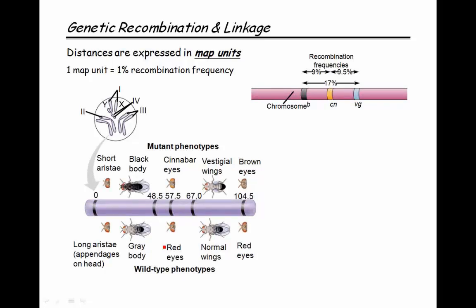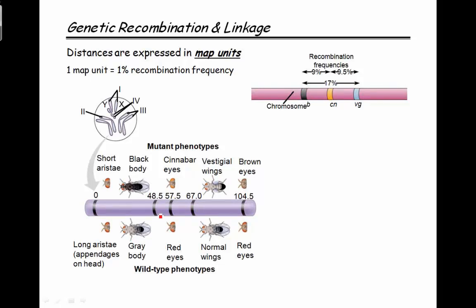With these, 1 map unit is equal to 1% recombination frequency. So this is basically a relative unit of measurement. It's not a measurement that we could actually take with a tool such as a ruler, but it does give us an idea of how close together or how far apart these genes are.